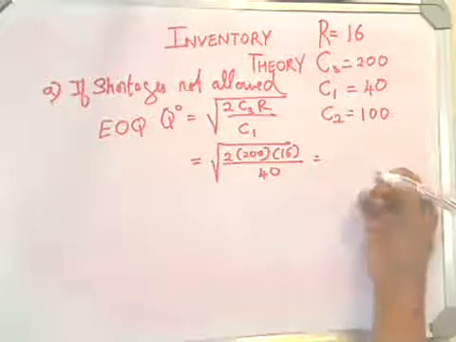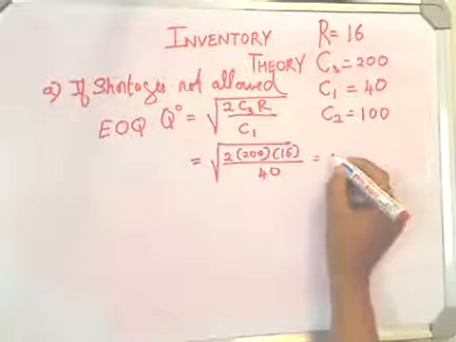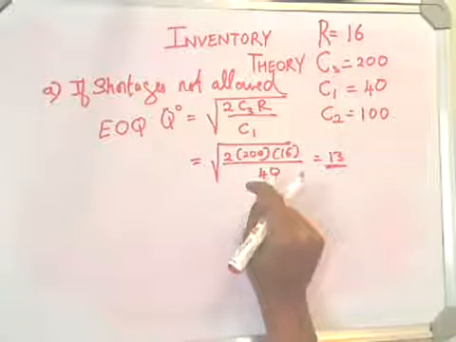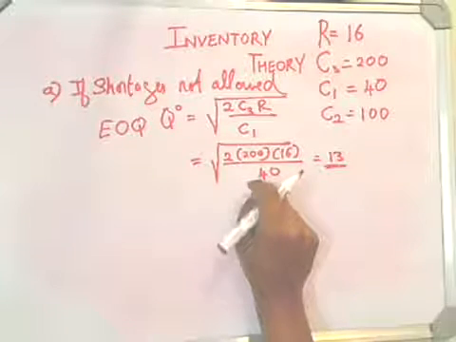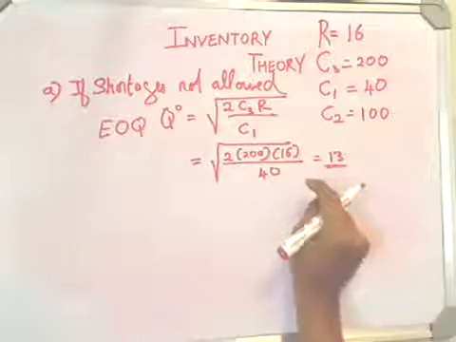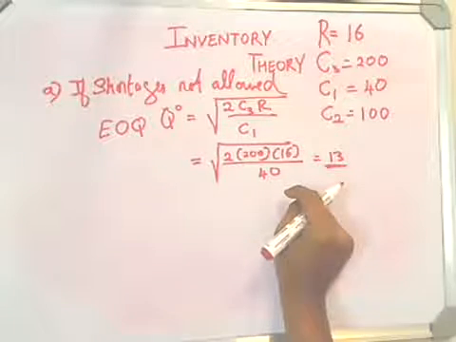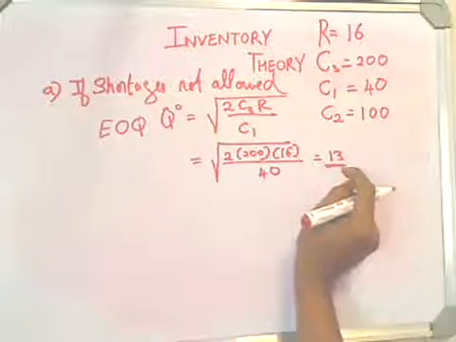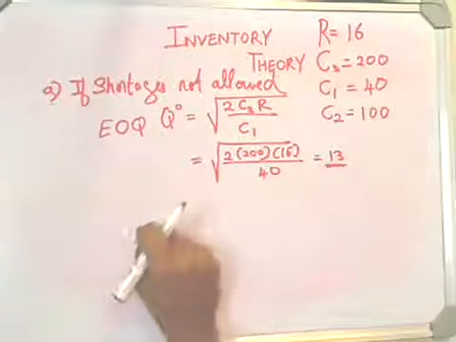Now this would come as 12.6 something, but keep it as a whole number, 13. I tell you to keep this as a whole number because it makes your further calculations easier. You can keep 12.64 if you want, but it's not advisable. It makes your calculations a little difficult later.